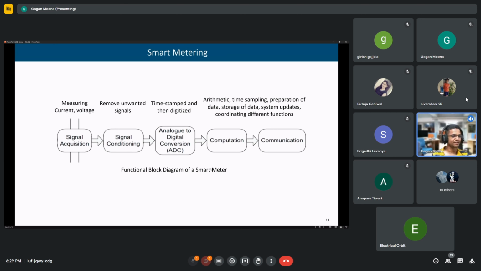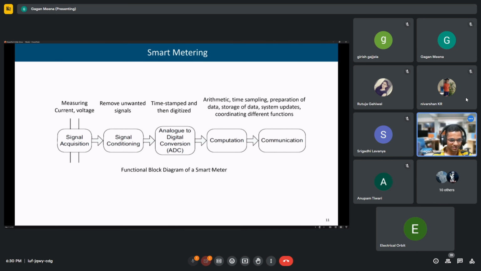Yeah, so let us move to smart metering. In smart metering, the first thing is to measure the signal, that is signal acquisition. Then the signal conditioning block removes any unwanted signal. We want the 50 hertz voltage or current signal, so we need to remove any higher harmonics or frequencies. That is done by the signal conditioning block.